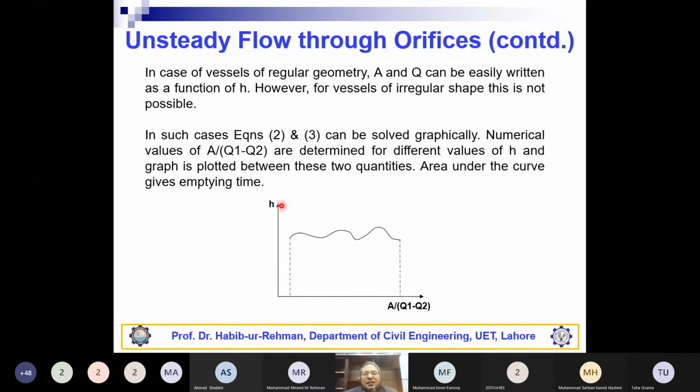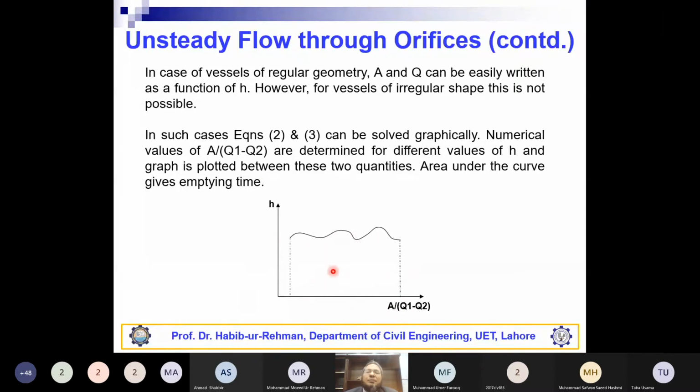So the emptying time, how can we compute it in case of irregular shape reservoirs? We have to plot the value of h on the y-axis and this parameter capital A over Q1 minus Q2 on the x-axis, and we will determine the area under the curve.